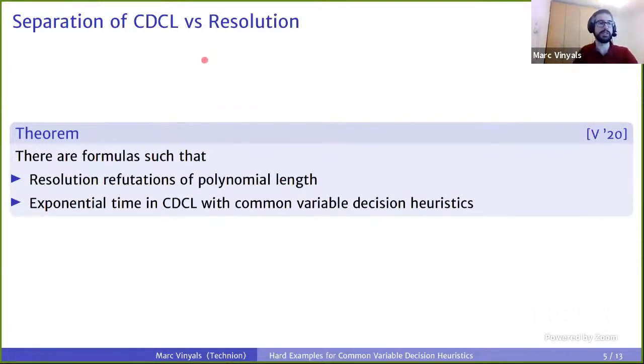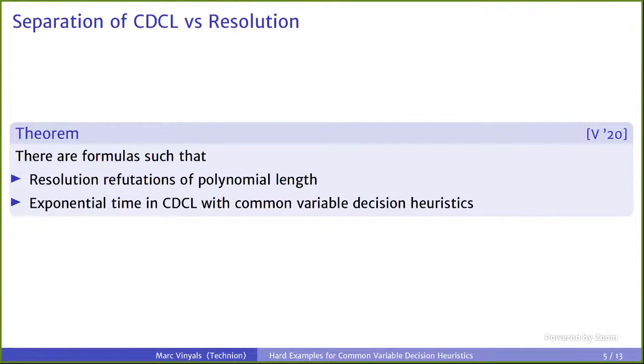More precisely, there are formulas that have resolution refutations that are short, just polynomial length. But if we want to find out that they are unsatisfiable using CDCL, that would take exponentially long time to do, as long as we're using these common partial decision heuristics.